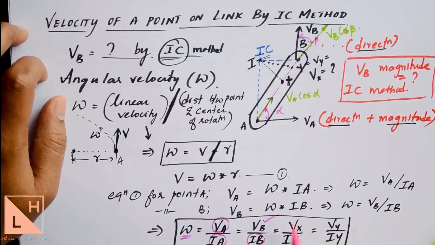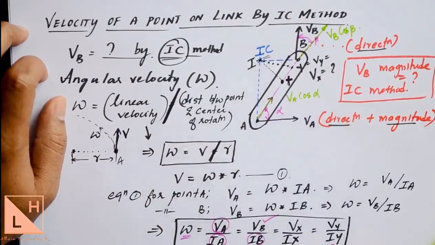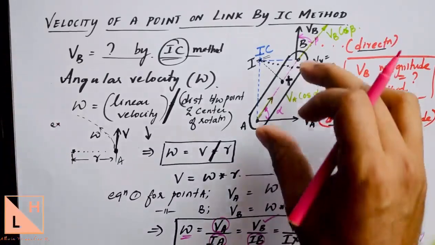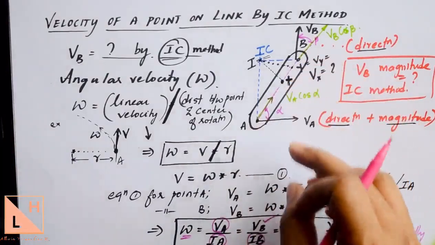In the same manner, you can find out the velocities at different points, because this is directly obtained by measuring from the point to the center of rotation, which we do geometrically. So this is the expression you need to remember in order to find the velocity of the link at its end point as well as anywhere in between on the rigid body.